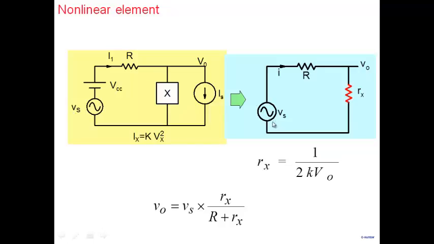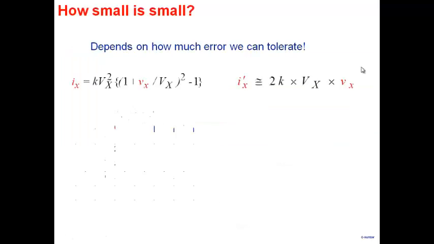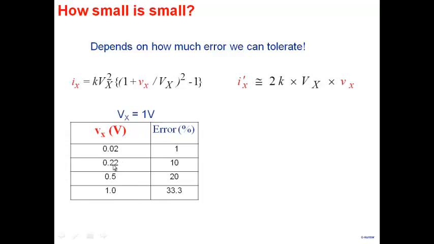Once I apply it, note that I will get the voltage across this particular element, small Vx, which is nothing but V0. And then I check, is my V0 less than 220 millivolt? If it's less than 220 millivolt, I know that I've done my analysis within an accuracy of 10% and it's fine. But if it comes out to be 0.5 volt, then I know I can't apply this particular model.